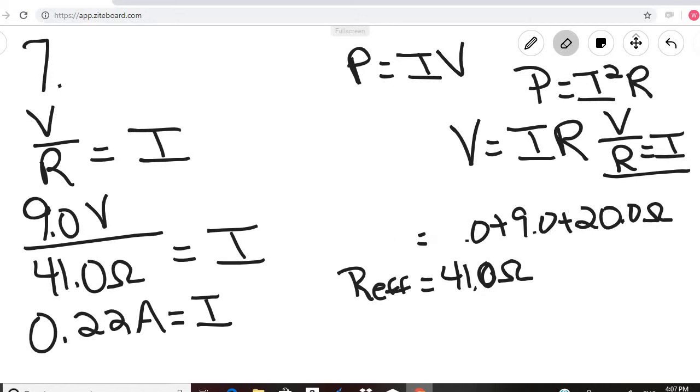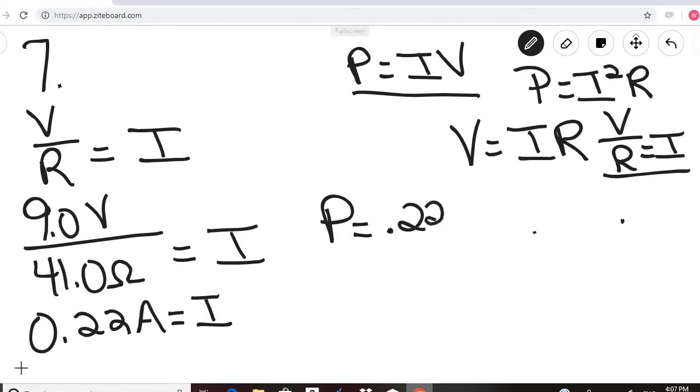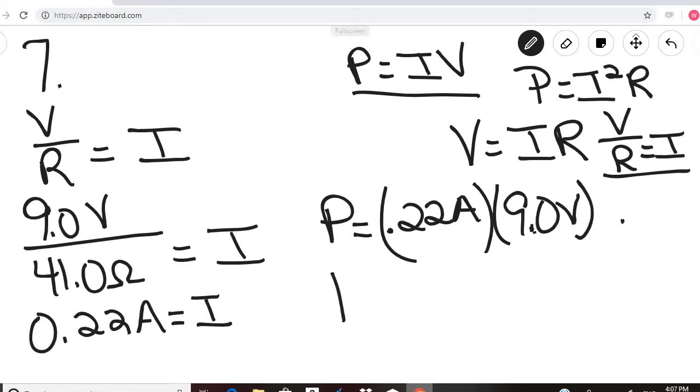Okay, now we can go ahead and use that then to calculate power, and I'll use this one. So P is equal to I, which is 0.22 amps, and our voltage was 9.0 volts. So P is equal to 1.98 watts.